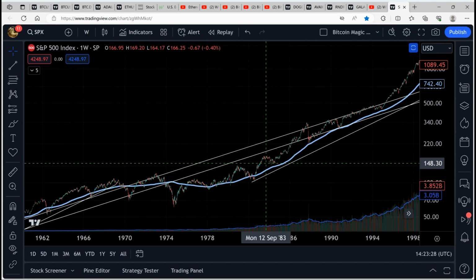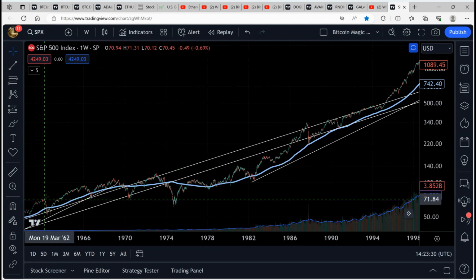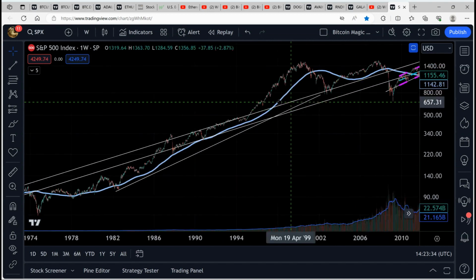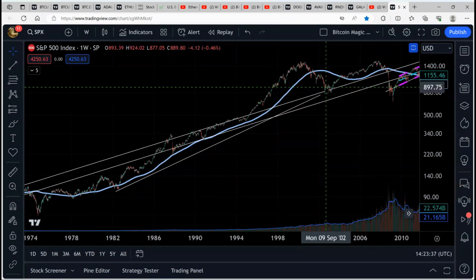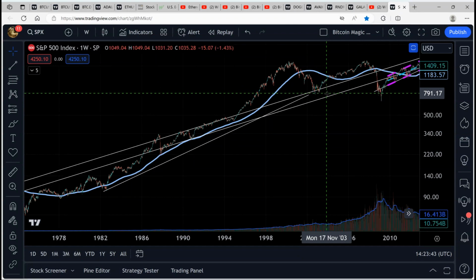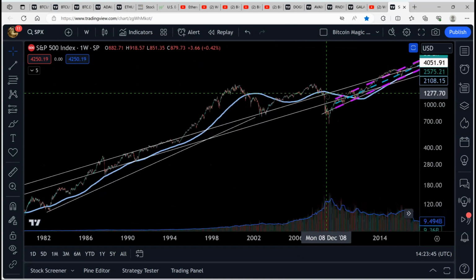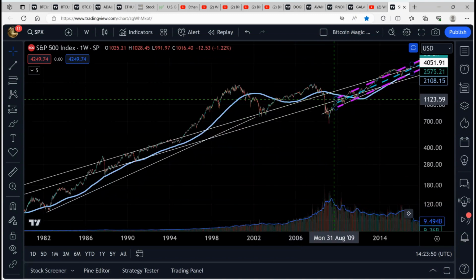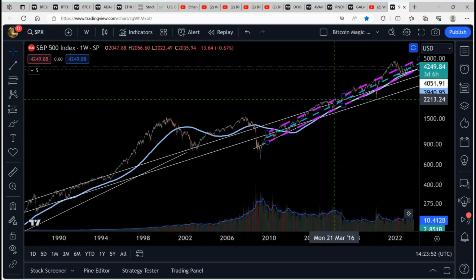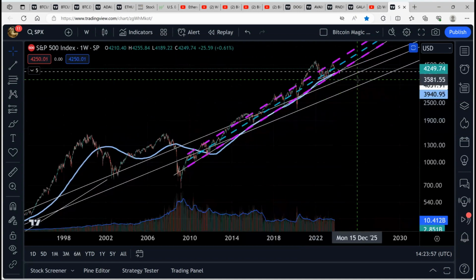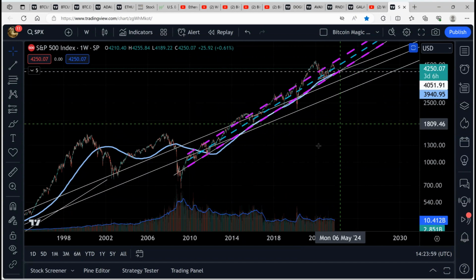These are bad times. These are good times. Here we had a really good time, and then it collapsed, a correction back to the trend line. A little bit more, and this was 2008. Yeah, that was the housing crash. And now since then, we are coming up out of this channel, but I think we got more to go.